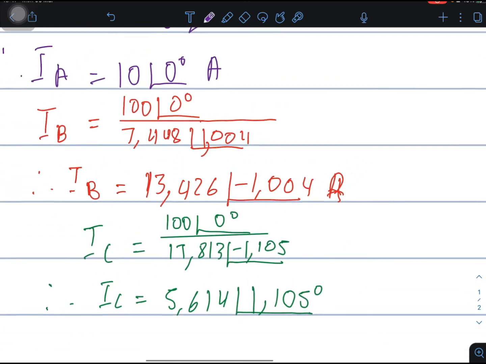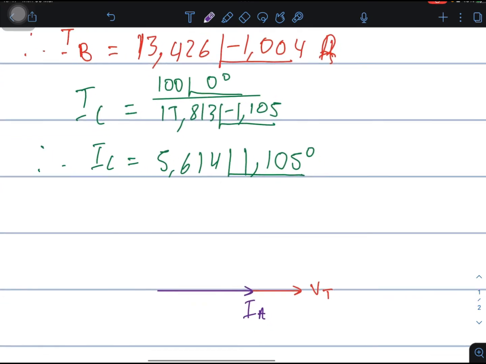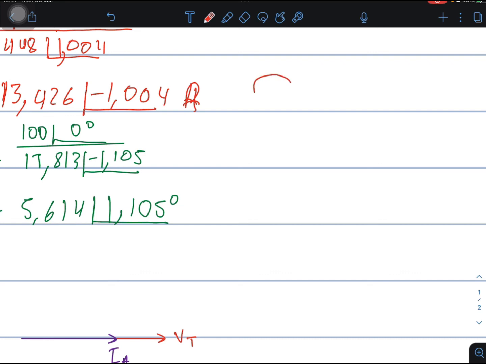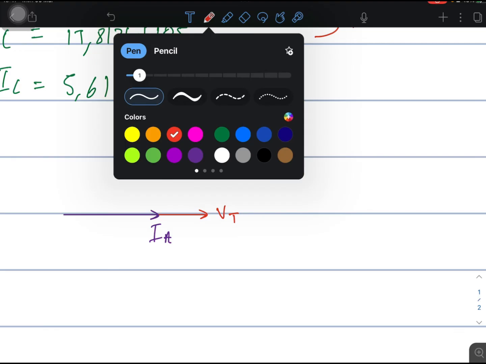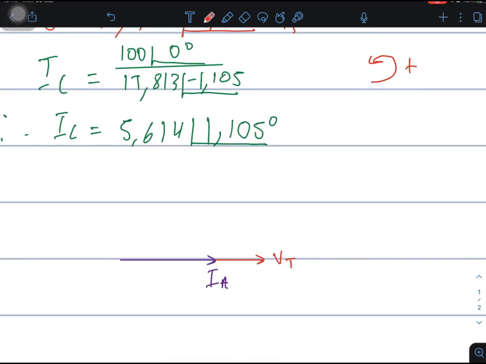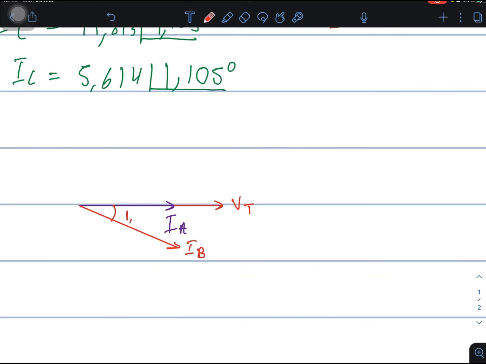Then IB, we see that IB is lagging the supply voltage. Guys, since the angle is negative, it means that we are going clockwise. When it's positive, we go anti-clockwise. So here the angle of IB is negative 1.004, and I'm going clockwise because it's negative.